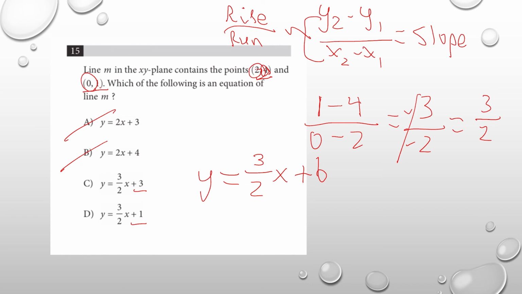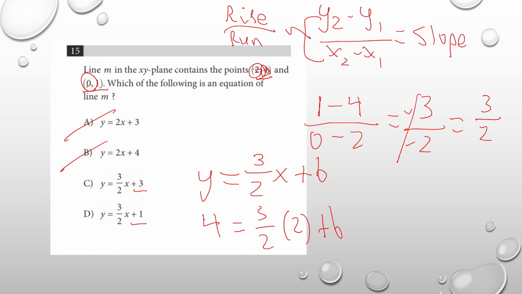And we can plug in points for x and y to make the equation true. The points we'll choose are one of these 2 points, either (2, 4) or (0, 1). We'll just use (2, 4), though we can use either one. So that 4 would be our y value, and the 2 would be our x value.